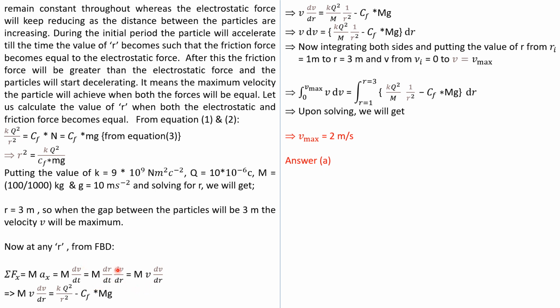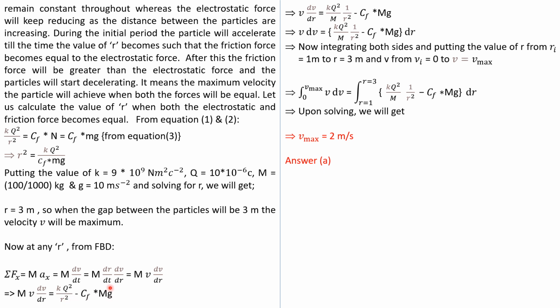And we will multiply dr in the numerator and divide by dr in the denominator. So dr by dt will be v at that instant, and dv by dr will be left over. So this m v dv by dr will be equal to kq square by r square minus coefficient of friction into mg.